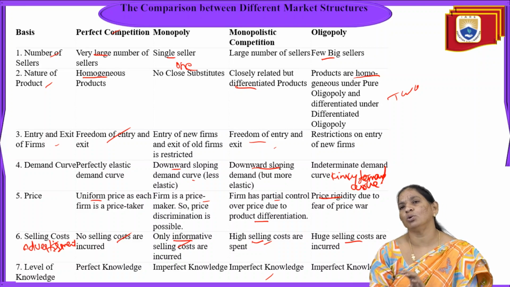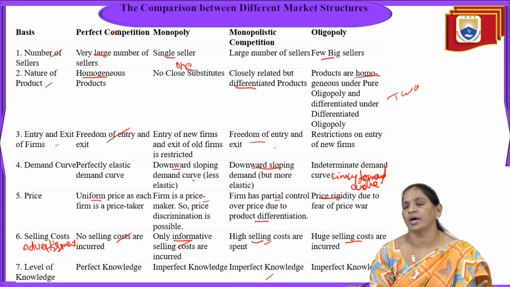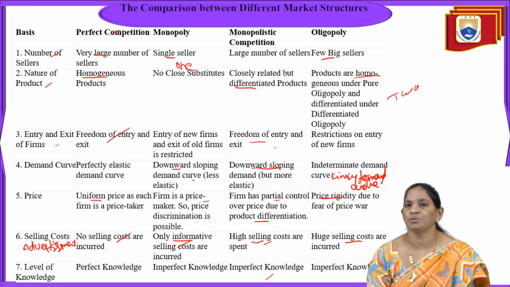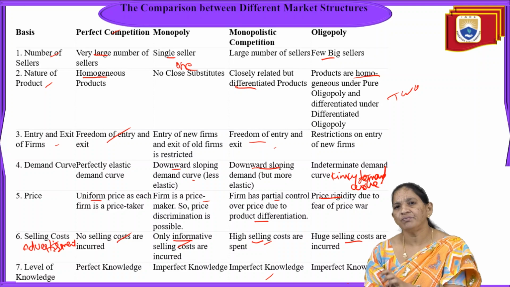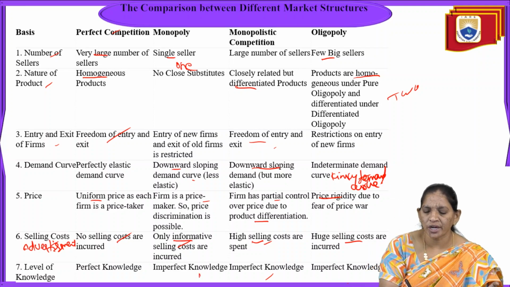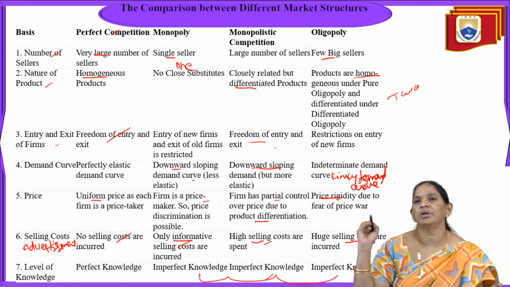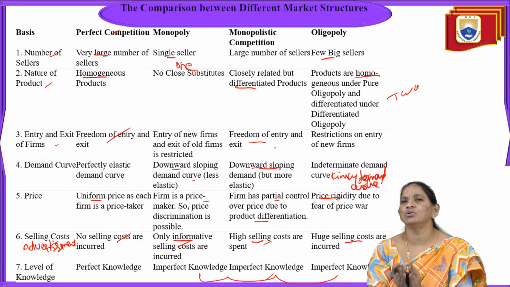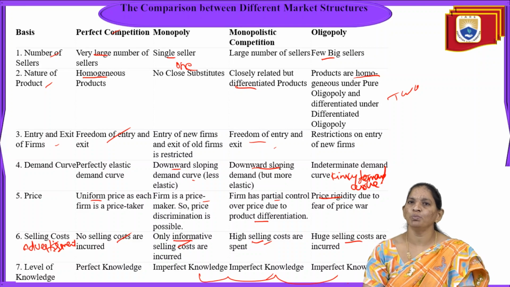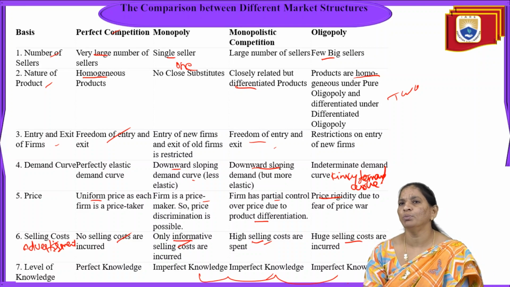And in the same way, oligopoly also has few sellers. It is also having imperfect knowledge. It means full information relating to the price, goods, quantity and features will not be provided by these imperfect knowledge market structures. Total information is not given in monopoly, monopolistic competition and oligopoly.